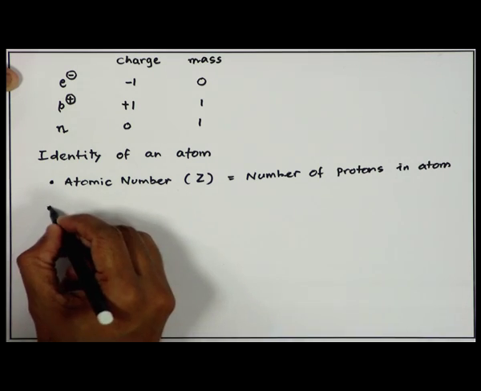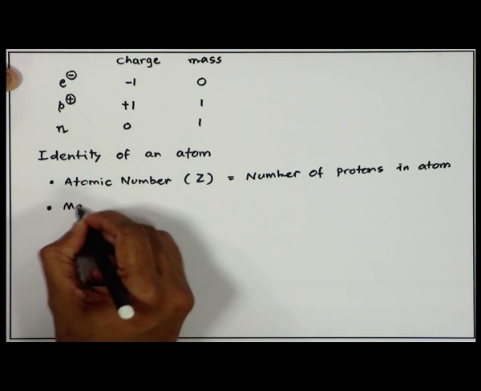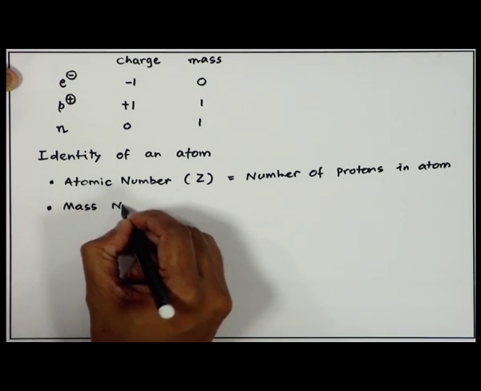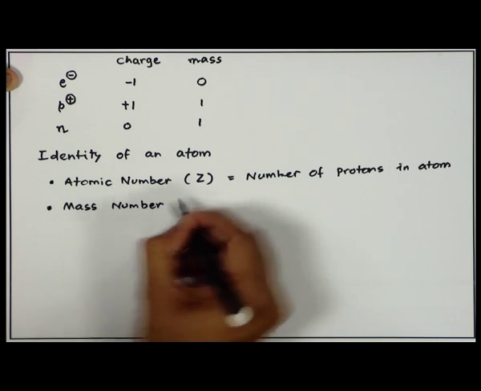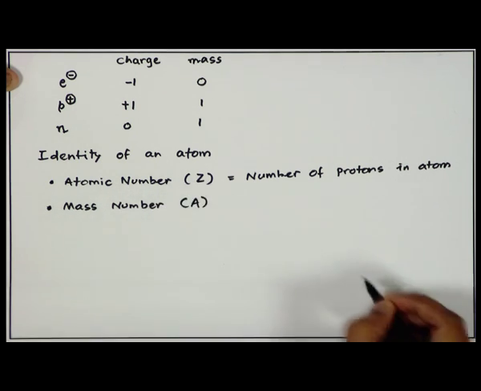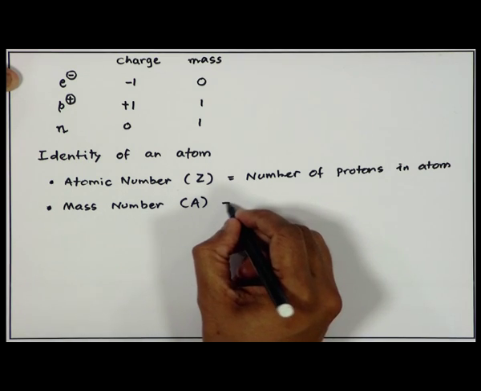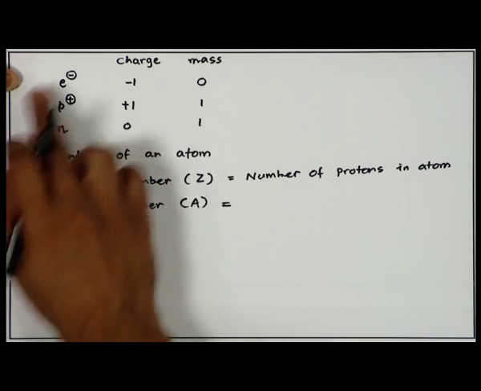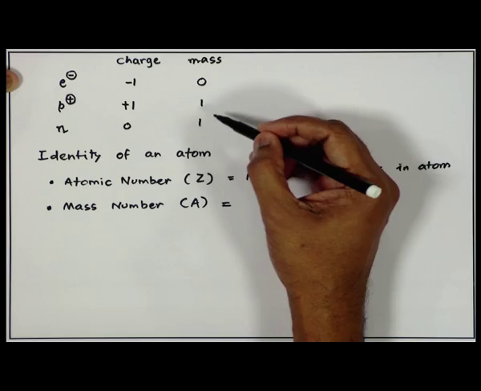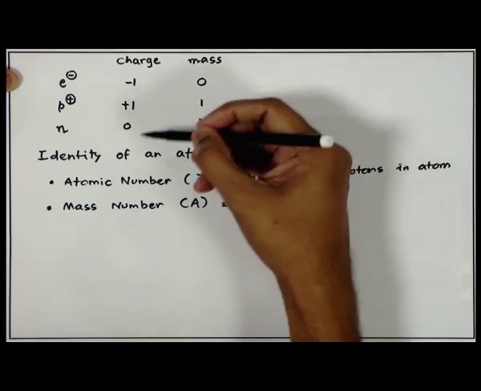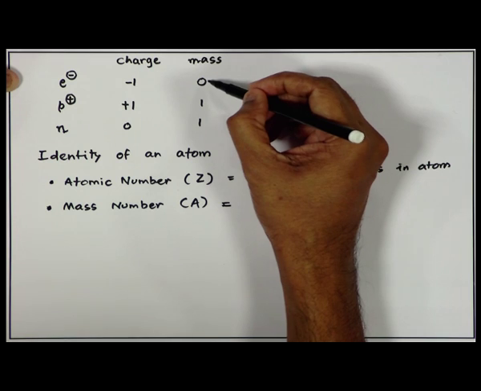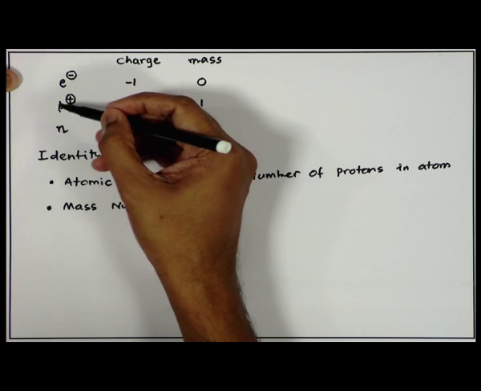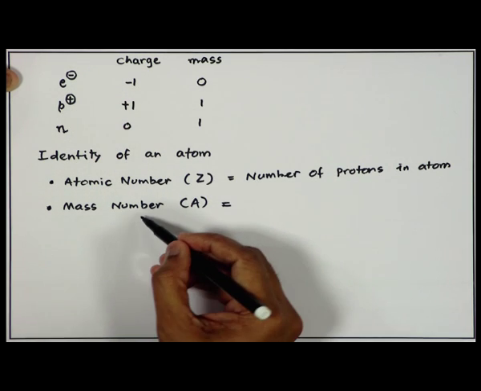We need another quantity, and that is called the mass number. The mass number is given by the symbol capital A, which actually signifies the mass of the atom. From this table, you already know which of the particles contribute to the mass of the atom. Certainly not the electron, because the electron has very little mass, which is negligible. So, proton and neutron, they contribute to the mass of the atom.